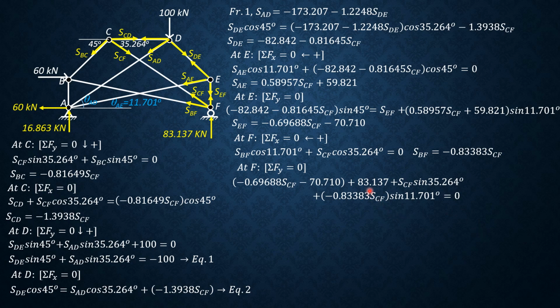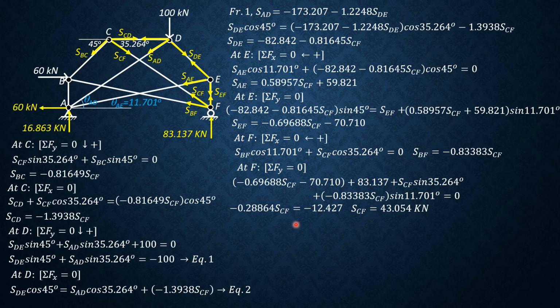So the only unknown here is SCF. So let's combine SCF: negative 0.69688 SCF plus sine 35.264 minus 0.83383 sine 11.701. That would be negative 0.28864 SCF. Then 70.71 minus 83.137 is negative 12.427. From here, we can solve SCF equal to 43.054 kilonewtons.